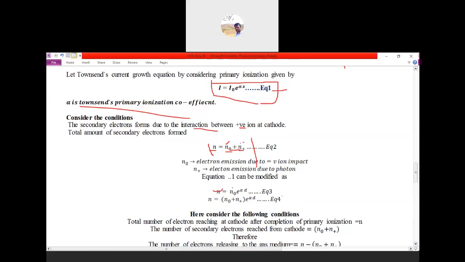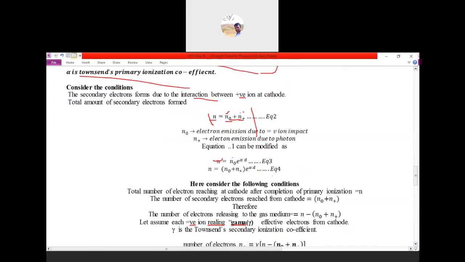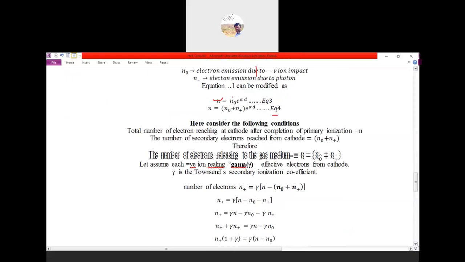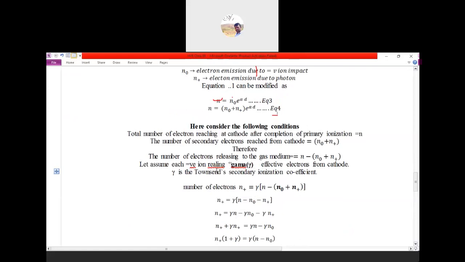Here n plus is nothing but due to the photon impact. So we are considering both the positive ion impact and the photon impact, whatever electrons are free, that is n plus.